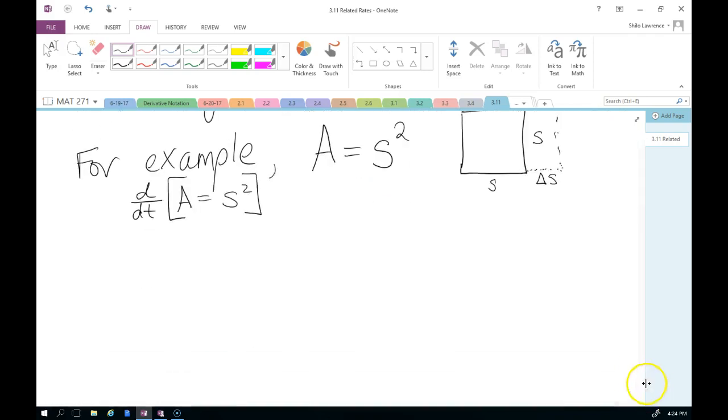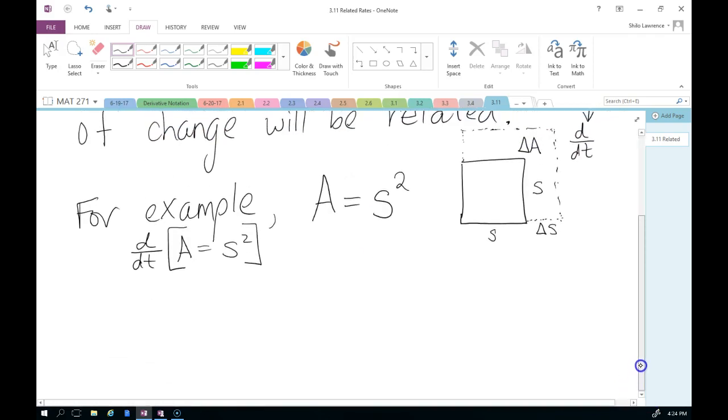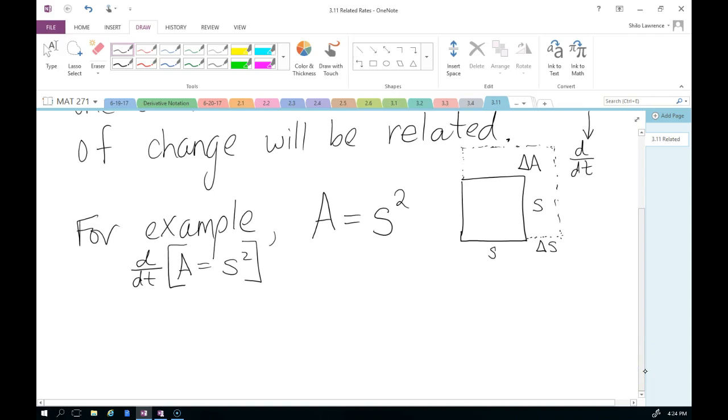And the last time we saw deltas is when we were talking about derivatives in our formal definition of derivative. So we want to know how tiny little changes in one value are going to affect changes in the other value, specifically with respect to time. So one of the things we said that derivative could represent is rate of change.